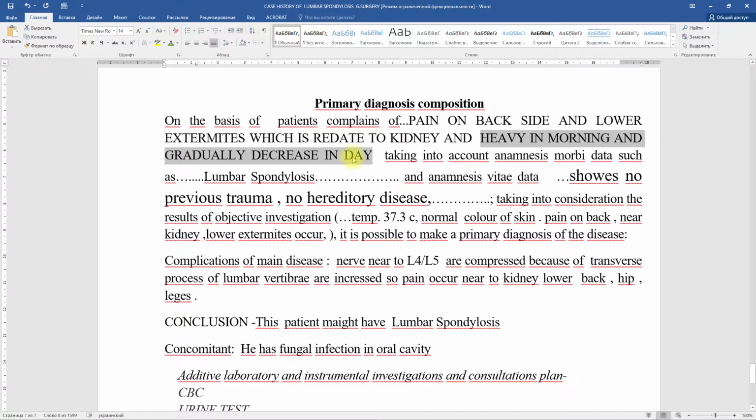You had to write it down in the complaints section first, because it's seen here, but we don't know where it came from.